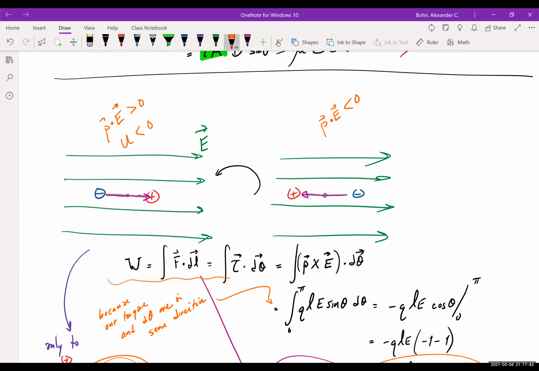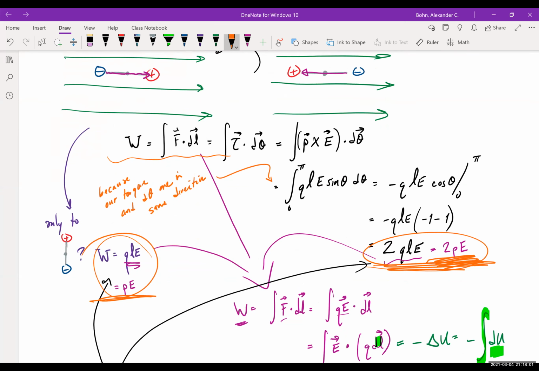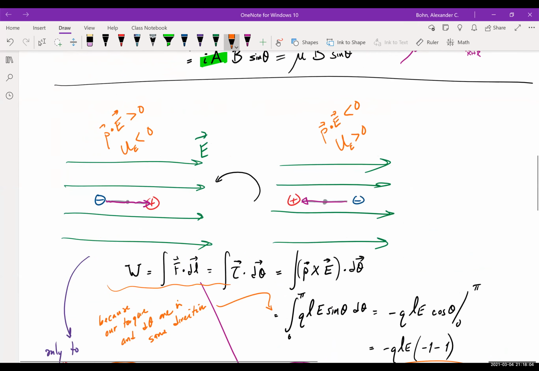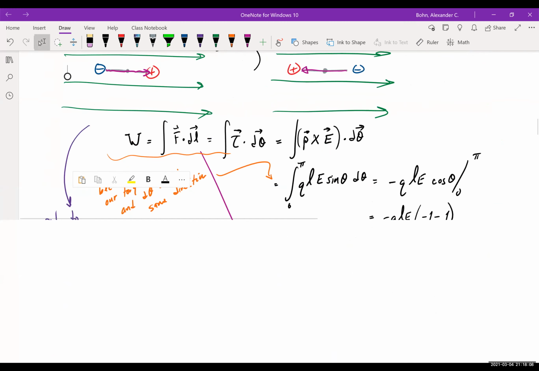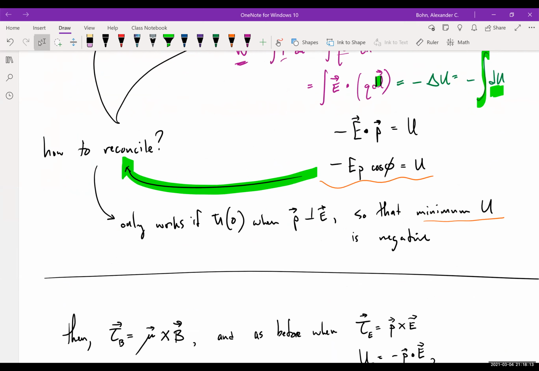But because the potential energy is the negative of that, it is positive, which helps explain why when we do positive work to rotate it, the field does negative work, and the potential energy increases.